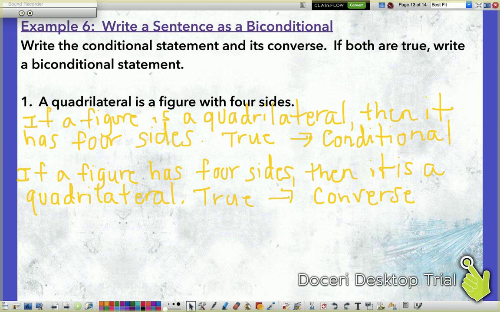So now that we know our conditional and our converse are true, we can write a biconditional statement.